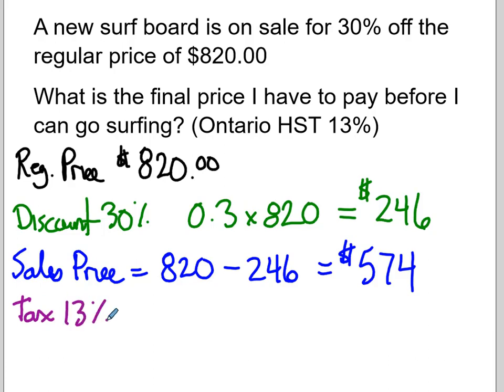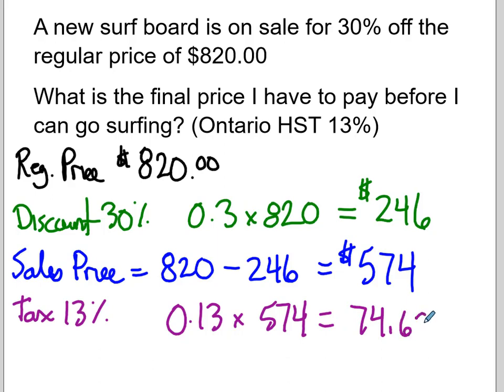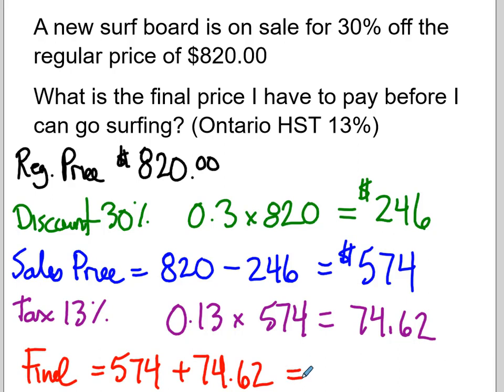Now we also want to include the sales tax of 13%. We could express it as a decimal and multiply by the sales price, and we get another value of $74.62. The final price is going to be the 574 plus the sales tax, for a grand total of $648.62.